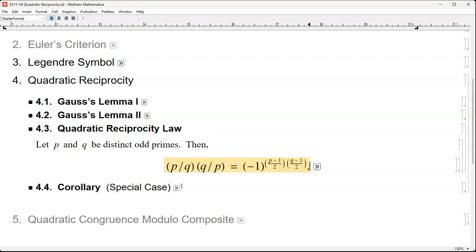As for the second aspect, why is it not so obvious? It's not surprising that you're looking at negative 1 to a certain power. After all, Legendre symbols take only two possible values, positive 1 or negative 1. But if I multiply two Legendre symbols, negative 1 to a certain power and negative 1 to another power, why not add up those powers?